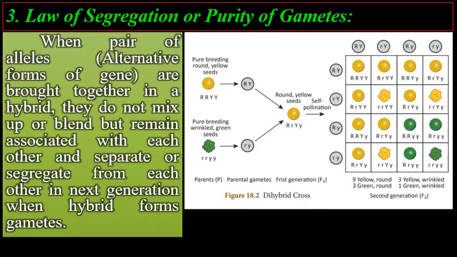When a pair of alleles, that means alternative forms of the genes, are brought together in a hybrid, they do not mix up or blend, but remain associated with each other and separate or segregate from each other in the next generation when the hybrid forms gametes.